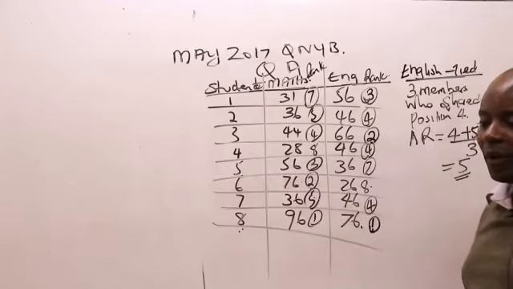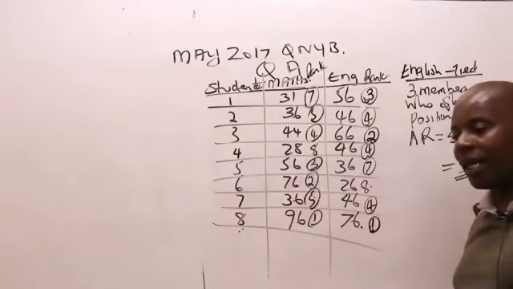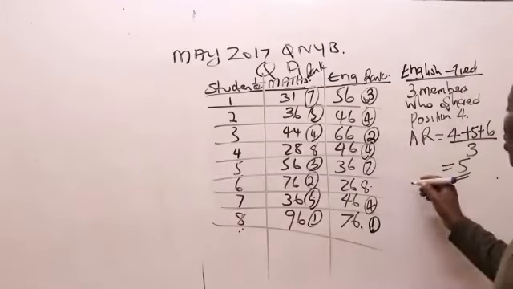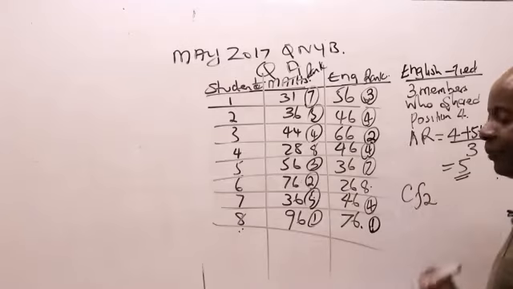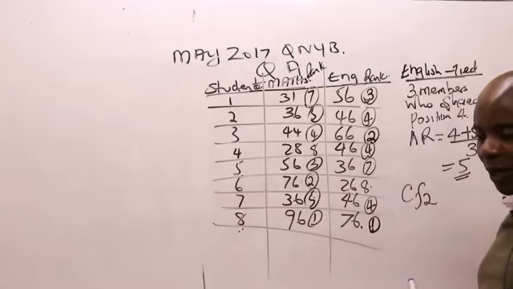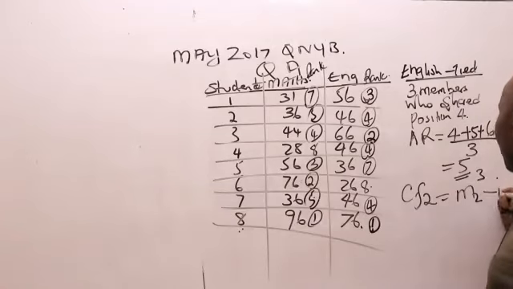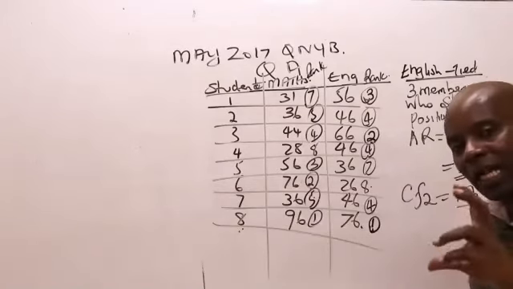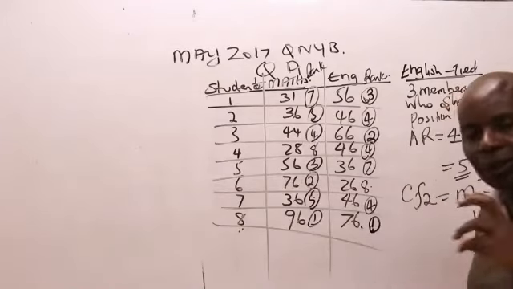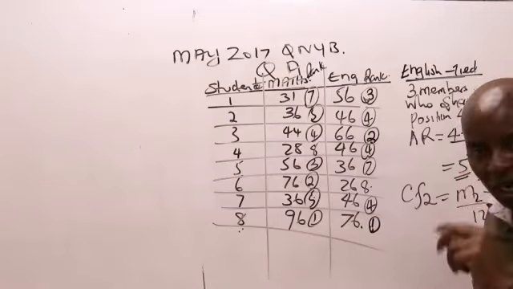Now, ladies and gentlemen, the moment you have reached there, we need to go to the next level of getting CF2, because there was the CF1. So CF2 will be equal to M2 cubed minus M2 all over 12. Remember, M stands for the number of members in the tie.